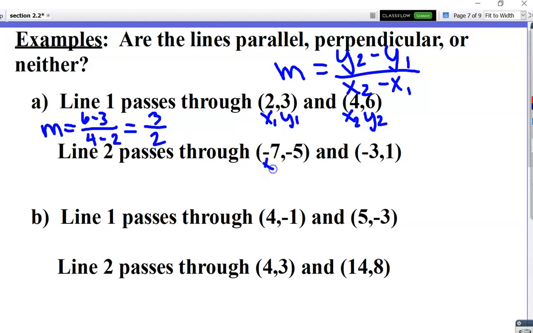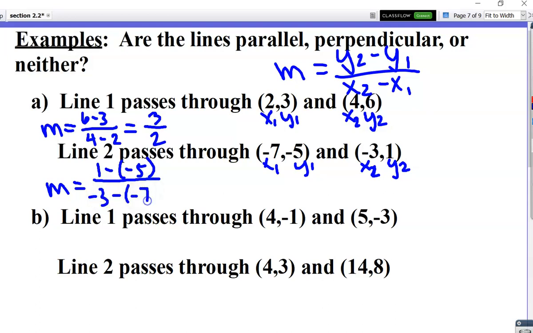Let's find the slope of line 2. So we have m equals 1 minus negative 5 over negative 3 minus negative 7. And then when we subtract negatives, we're really adding.